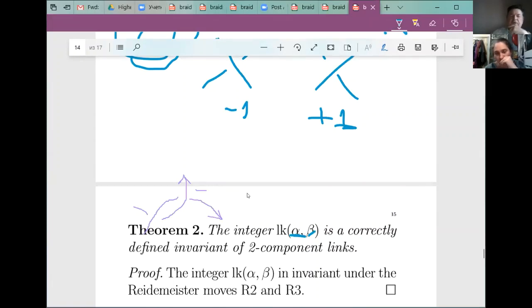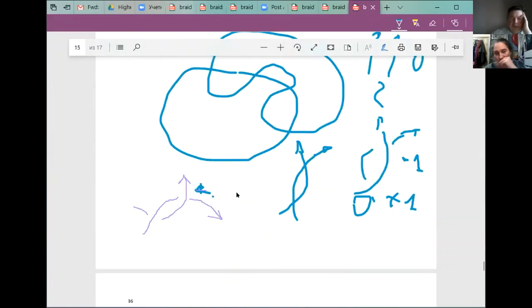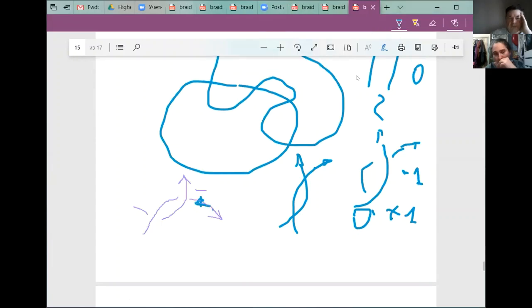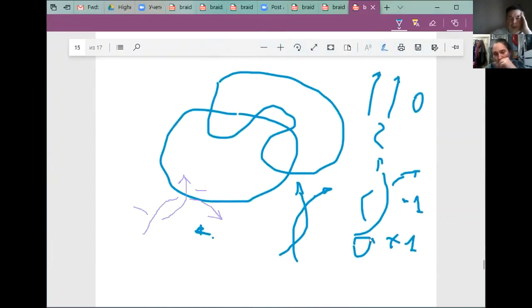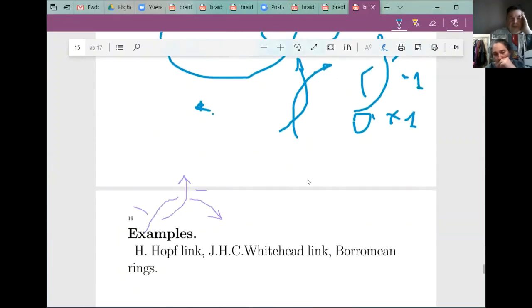If you have Reidemeister 1, you see that by the definition it is the same component. Now, as an example, we shall construct the linking number of Hopf, Whitehead, and Borromean.